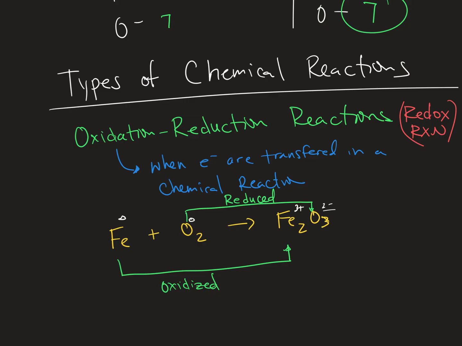Its charge is reduced, and oxidized is just the other one. But originally, this is why we call it an oxidation-reduction reaction. Does it have to have oxygen in it to be oxidation reduction? No. So here's a little acronym you can use to remember this. Oil rig.